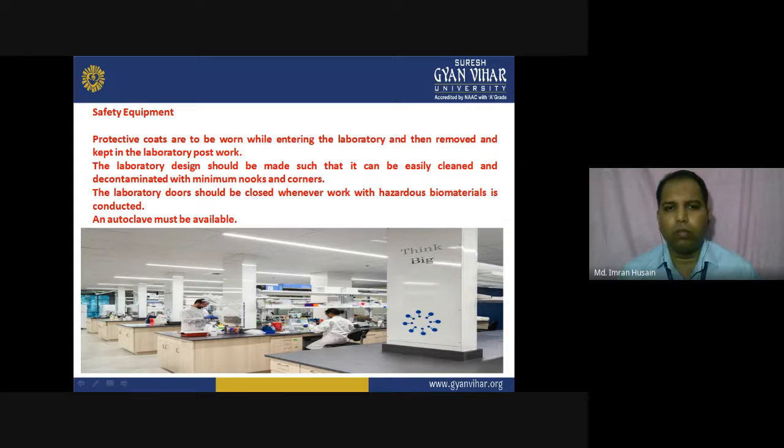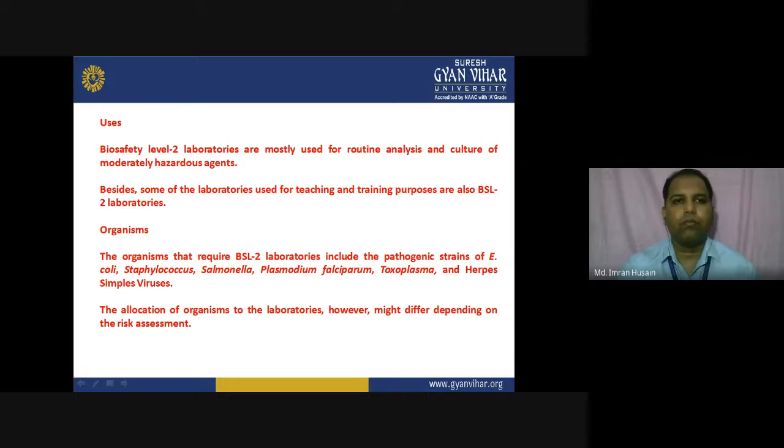An autoclave must be available. It is a must. Biosafety level 2 laboratories are mostly used for routine analysis and culture of moderately hazardous agents. Besides, some of the laboratories used for teaching and training purposes are also BSL-2 laboratories.